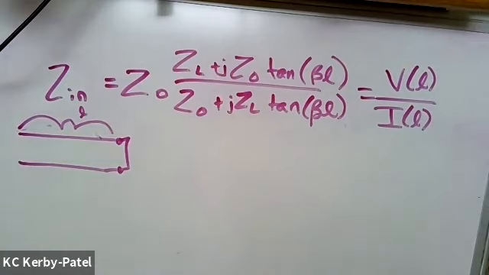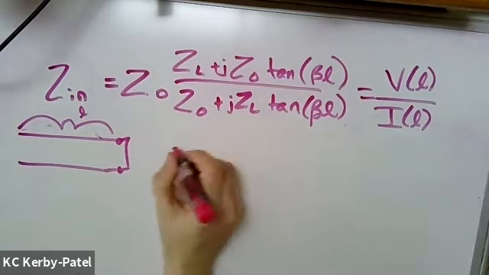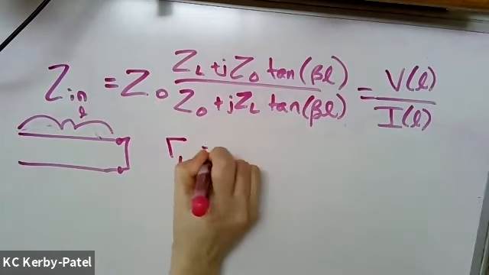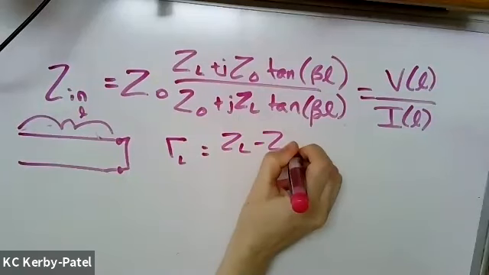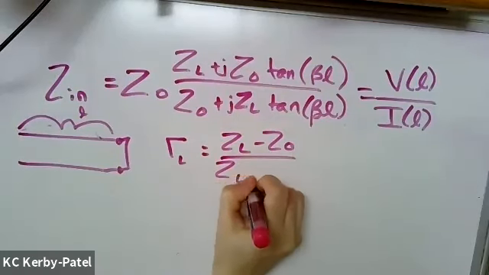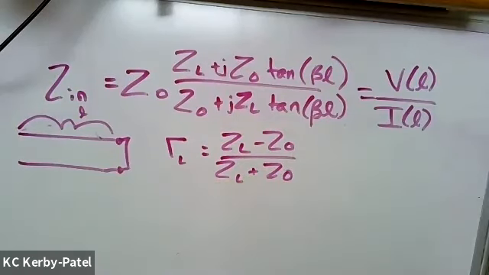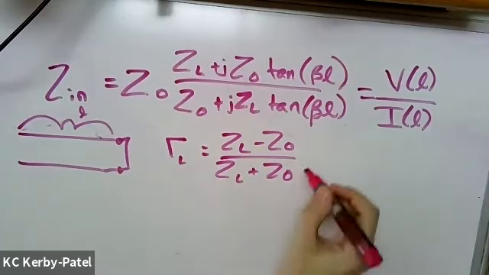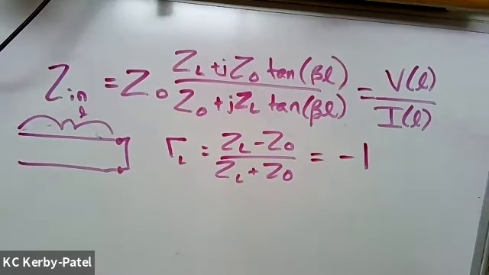If you want to work that out, somebody tell me what the reflection coefficient is, just type it in the chat. So if I evaluate this, what do I get? -1. Yeah, so I get a -1 here.